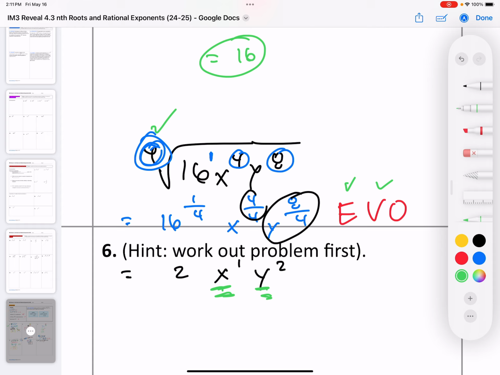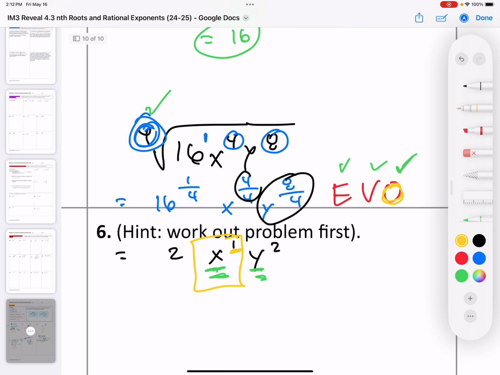Okay, what came out, pay attention, is it odd? Which one is odd? Just the X. This is the only one that is an odd power. Okay, what does that mean? So the 2 and the y squared, and then you have the x that is in the absolute value sign.